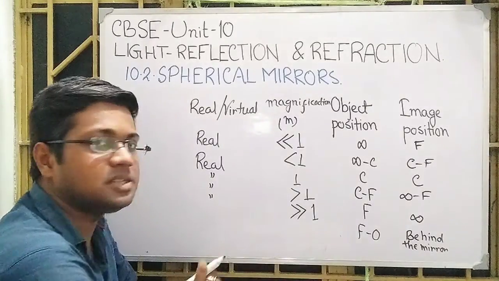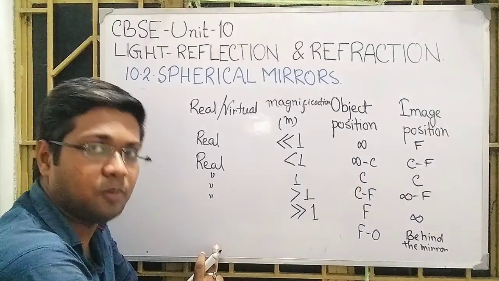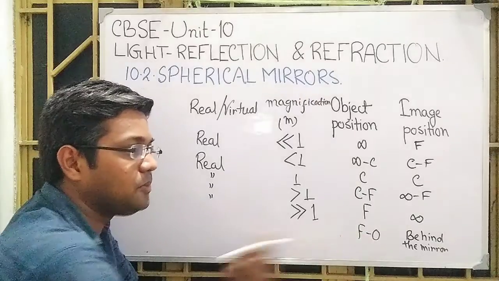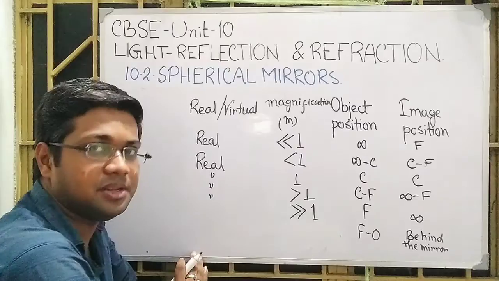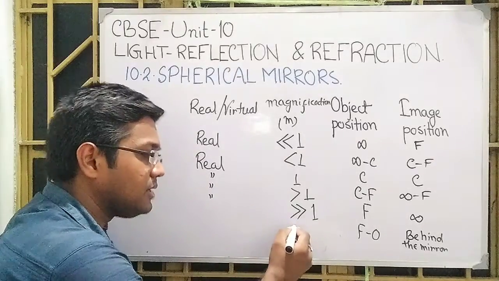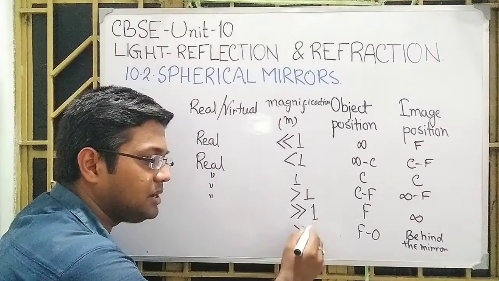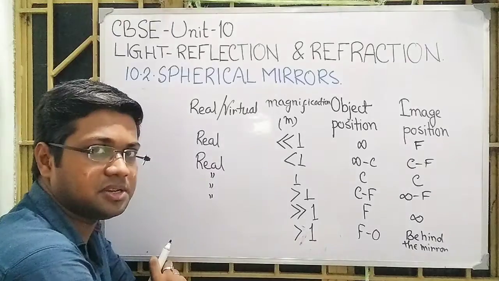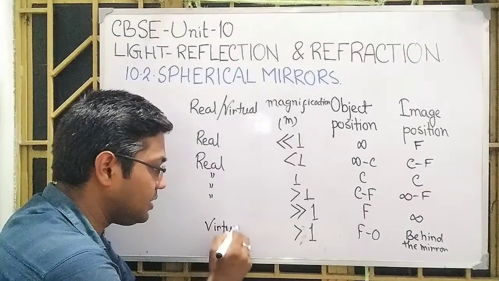If the object is placed in between the focus and the pole, in that case the image will be formed behind the mirror. There also we get the image of greater size than that of the object, but the image in that particular case is a virtual one.